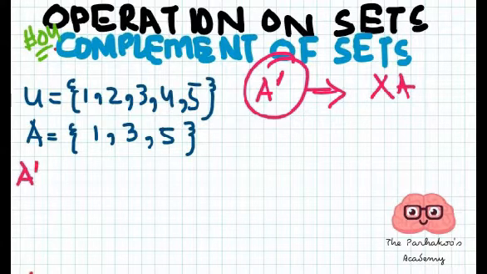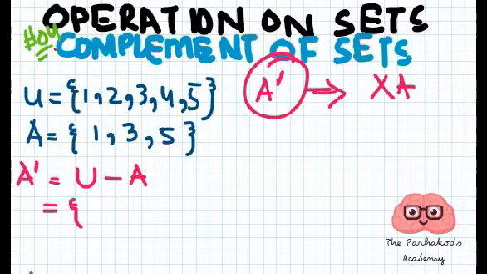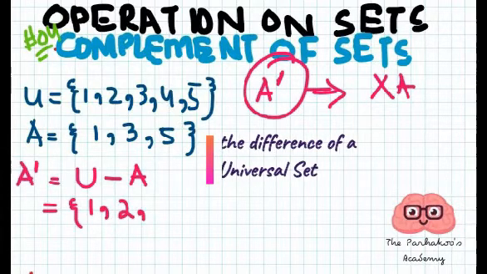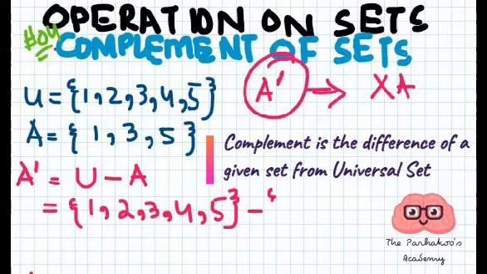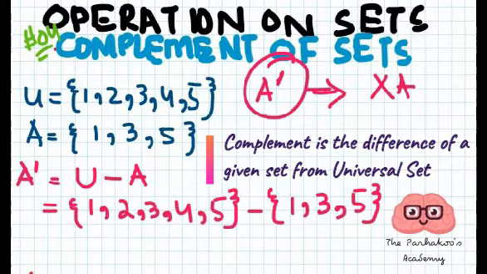So A complement is written as U minus A. It is like a difference operation, but when it comes to complement, it is always subtracted from the universal set. So we have 1 2 3 4 5, and then we have A, which is 1 3 5. In difference, we take away the common elements, and the remaining elements which are left in the first set, we write them.